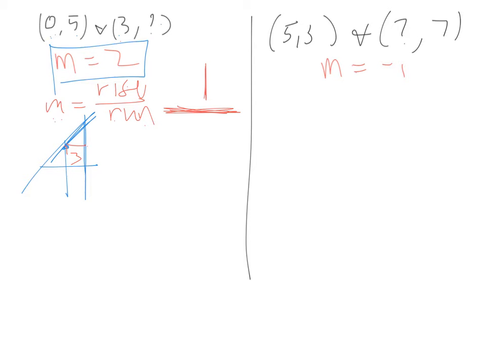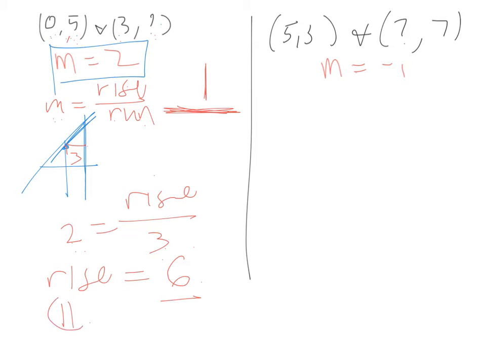With that, we can say that 2 equals rise over 3, because our run is 3. So to find our rise is just 3 times 2, which is 6. So if we've gone from 5, that means we've gone up to 5 plus 6, which is 11.